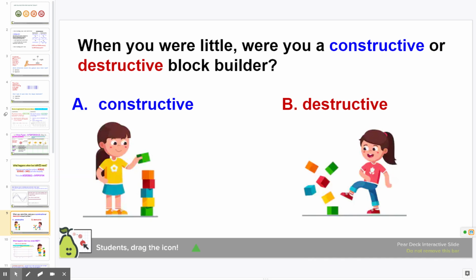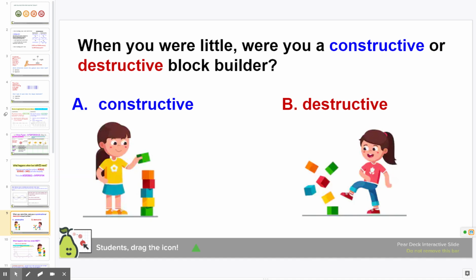Did you find it more fun to build a skyscraper, a building? Did you like to construct a building? Did you like to design and create something with multiple levels and floors? Or did you want to wait for someone to build a building and then destroy it? Which did you prefer to do?